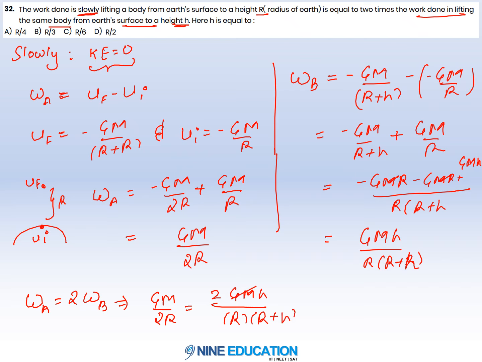GM cancels, r cancels. So we are getting r plus h equals 4h. From here it becomes 3h equals r, then h becomes r by 3. So our answer is r by 3.